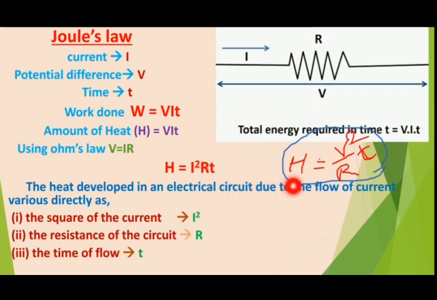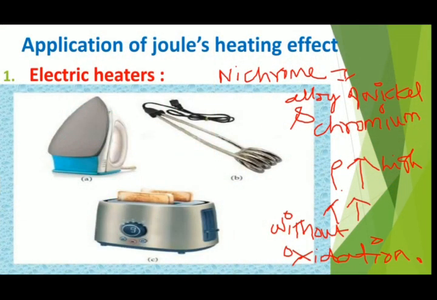So students, now understand. Next topic, applications of Joule's heating effect. Here are given four applications: electric heating device, fuse wire, electric bulb and furnace. The first application, electric heating device, includes electric heater, electric iron and toaster, which are appliances that work on the principle of the heating effect of electric current.